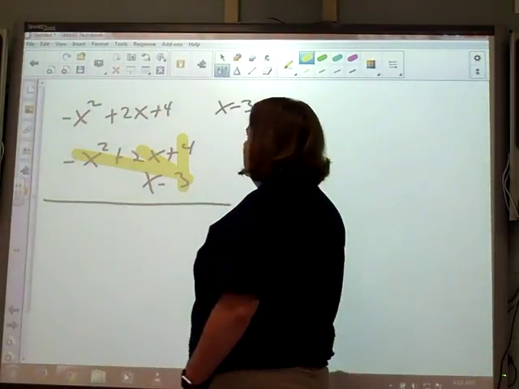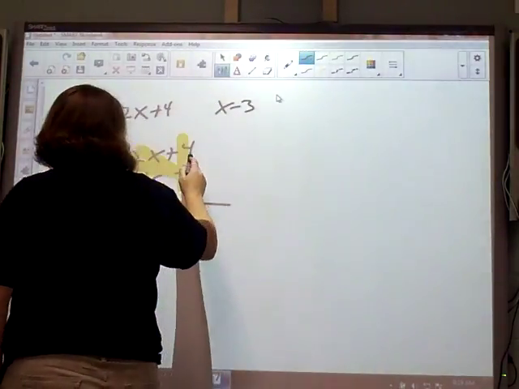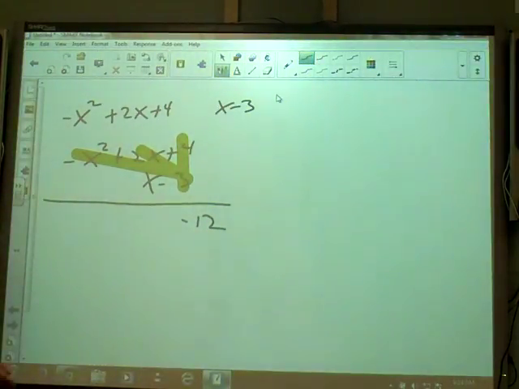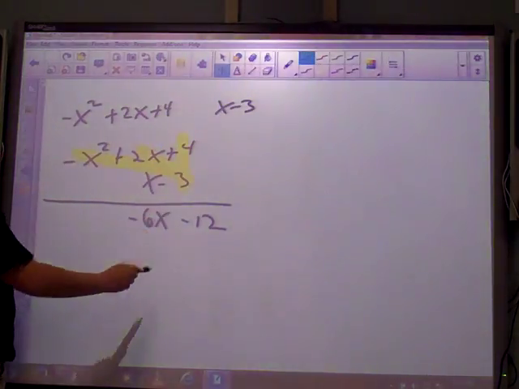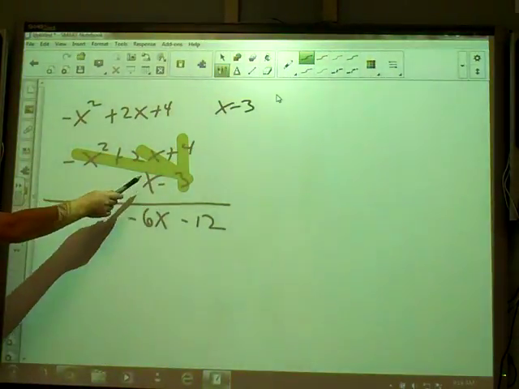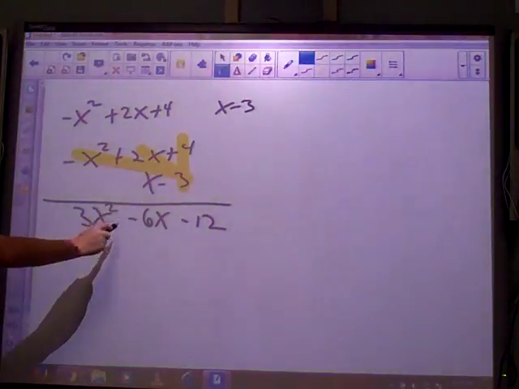You have to distribute it. Negative 3 times 4 is negative 12. Negative 3 times 2x is negative 6x. Negative 3 times negative x squared is a positive 3x squared.